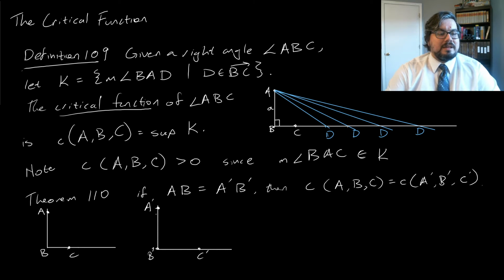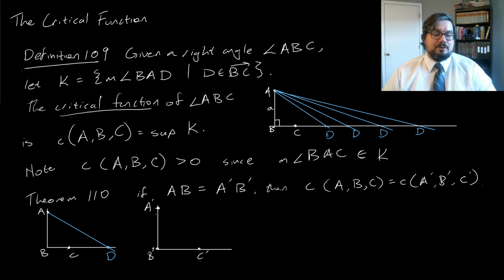Then if I look at some number that's in the K set for my left angle, that's going to be given by some point D over here, and that gives us an angle measure R here.